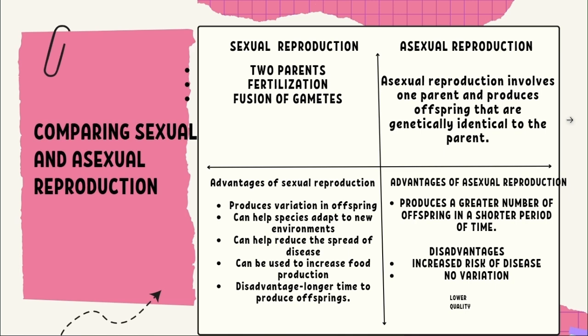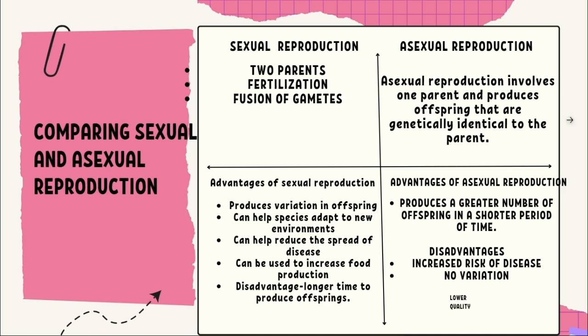And one of the biggest things when you're comparing asexual and sexual reproduction is that what makes asexual reproduction so unique is that it has one parent involved, right? And the offspring are literally identical to the parent. When I say identical, I mean identical, you know, like twins.